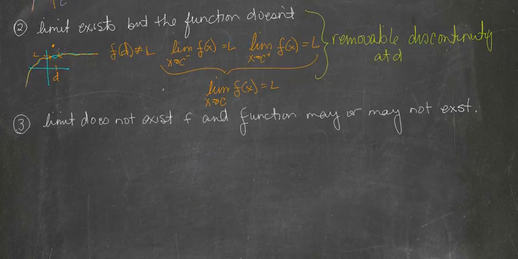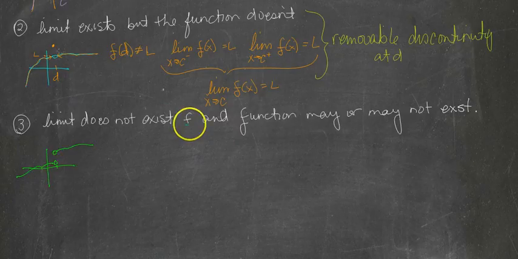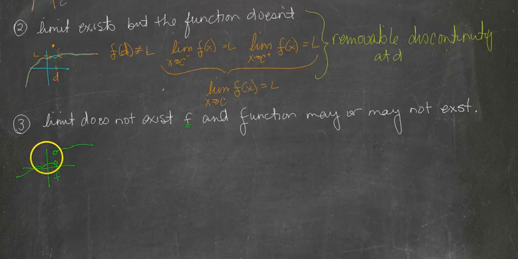Another scenario is that the limit does not exist at F and the function may or may not exist. So this is a scenario that looks like maybe a skip function. We have something happening on the right-hand side. You have something happening on the left-hand side at what I say is F, but there's no limit. I can't choose a value. I can't choose an output to say, oh, it equals n.